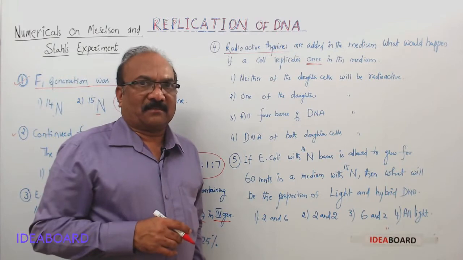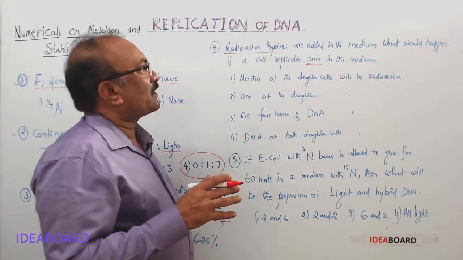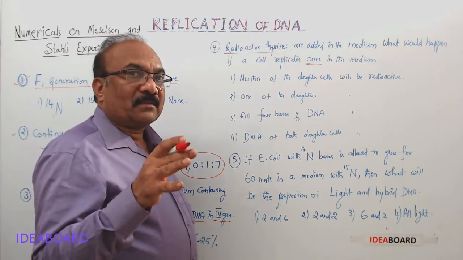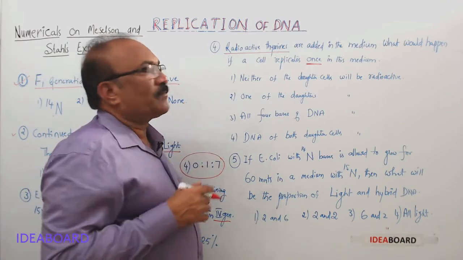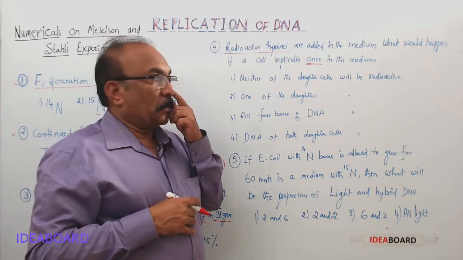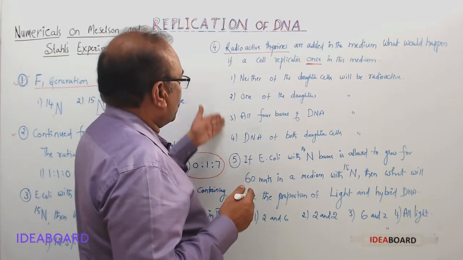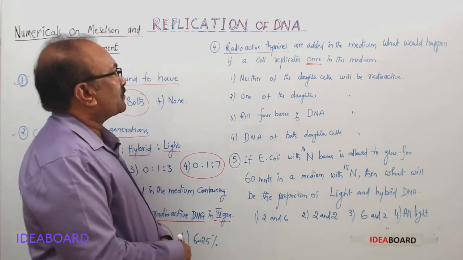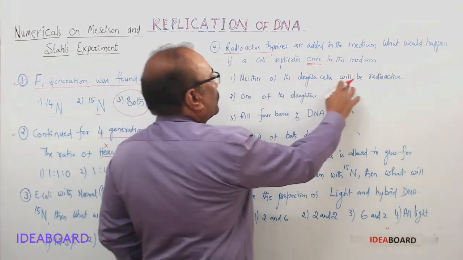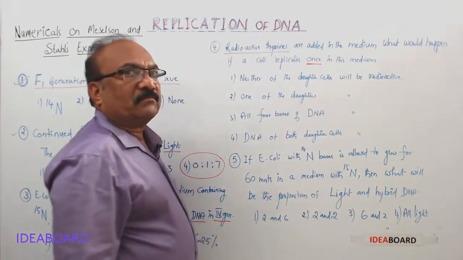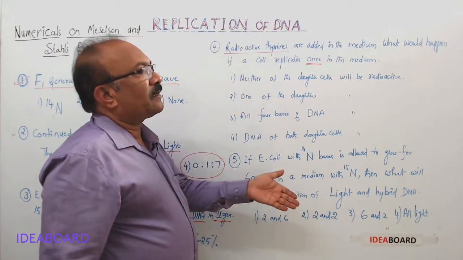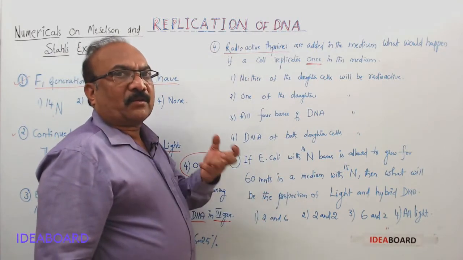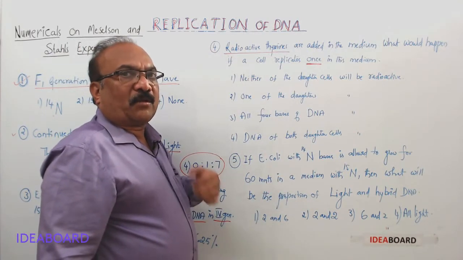Two daughter cells. And what they are asking is, how many of these daughter cells will have this radioactive thymine? So I am reading out the options. The first option, neither of the daughter cells will be radioactive. Wrong. Because radioactive thymine is there, and the bacterium will make use of that radioactive thymine. It absorbs it.